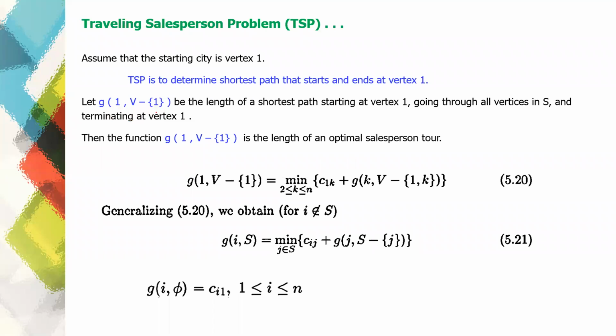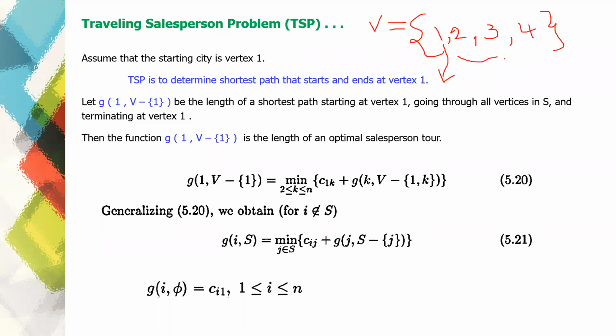If you take V, the set of vertices, as in the example, there are 4 vertices representing 4 cities: 1, 2, 3 and 4. Among these 4 vertices, the first vertex is the starting city.